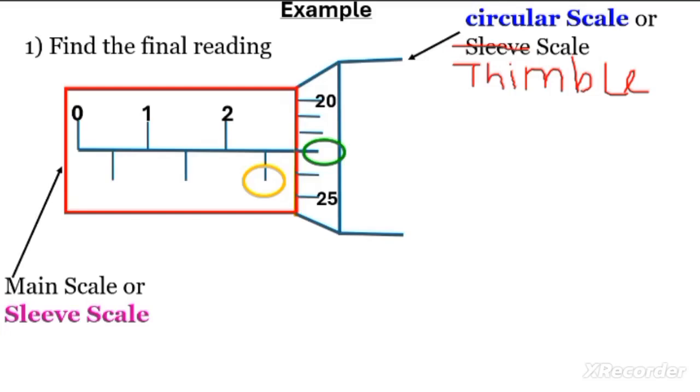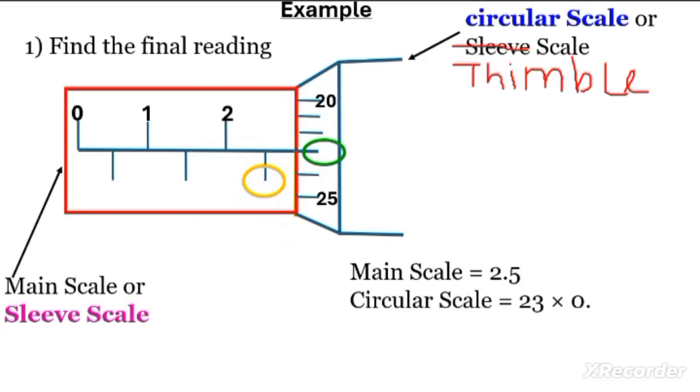We are going to say the main scale is 2.5, which is here. Then on the circular scale we have 23. So we are going to multiply 23 by 0.01 and we are going to get 0.23 millimeters.